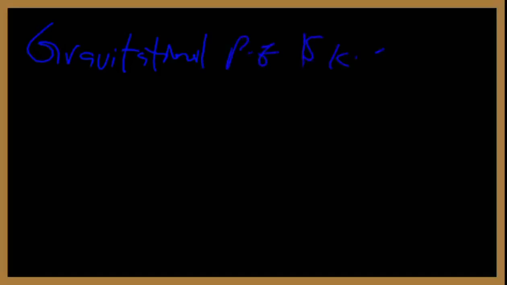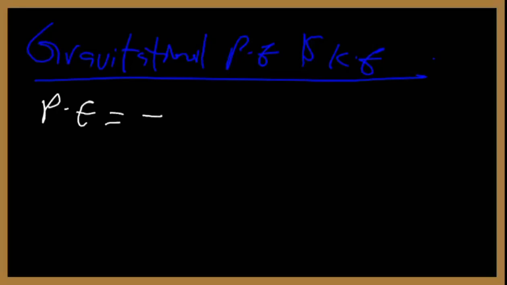So the next thing is to look at the gravitational potential energy and the kinetic energy. What do we need to know about this? Note the formula that the potential energy in a force field is negative GMm all over R. That's the formula you need to take note of.